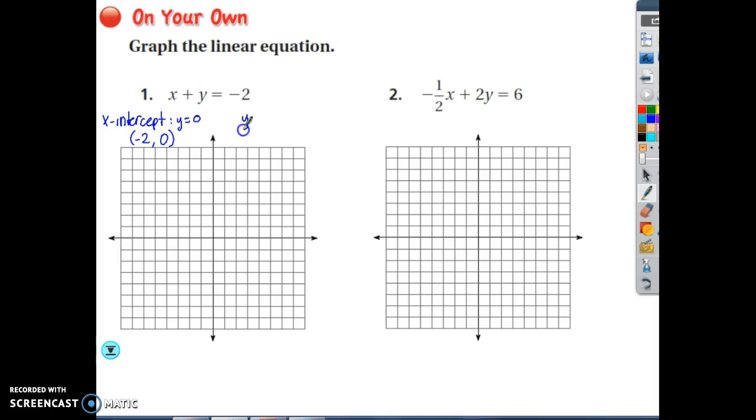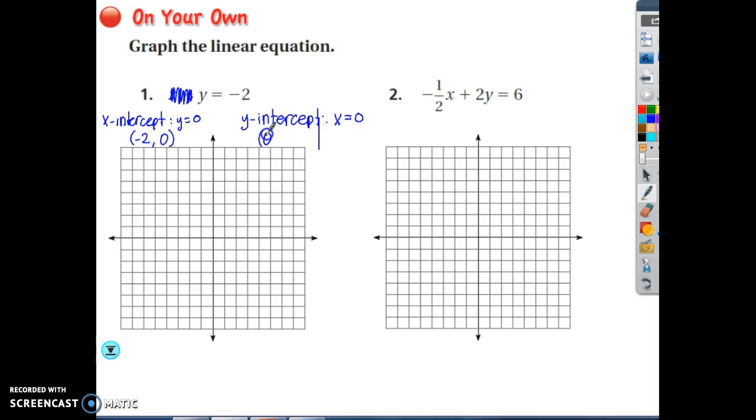If I want to find the y-intercept, I'm going to go ahead and let x equal 0. Now if x is equal to 0, that whole x term really becomes 0 and goes away. So all I'm left with after that goes away is that y is equal to -2.